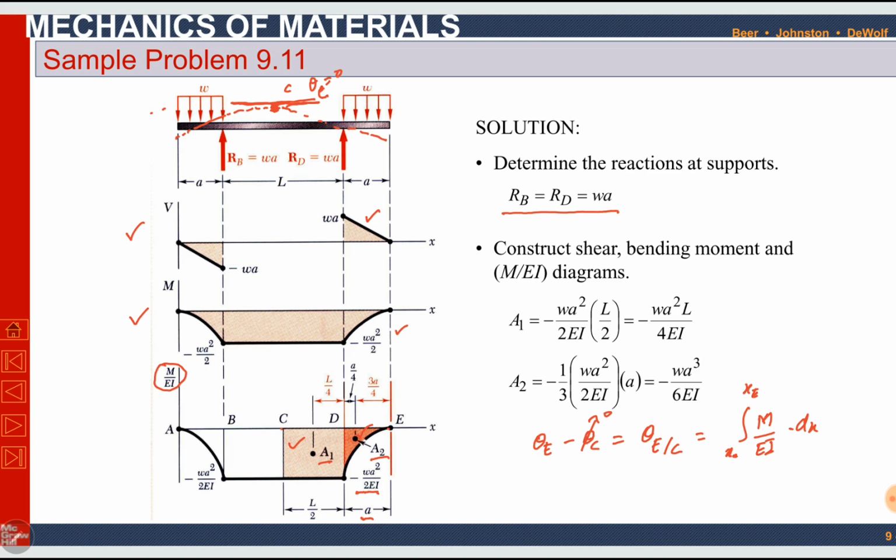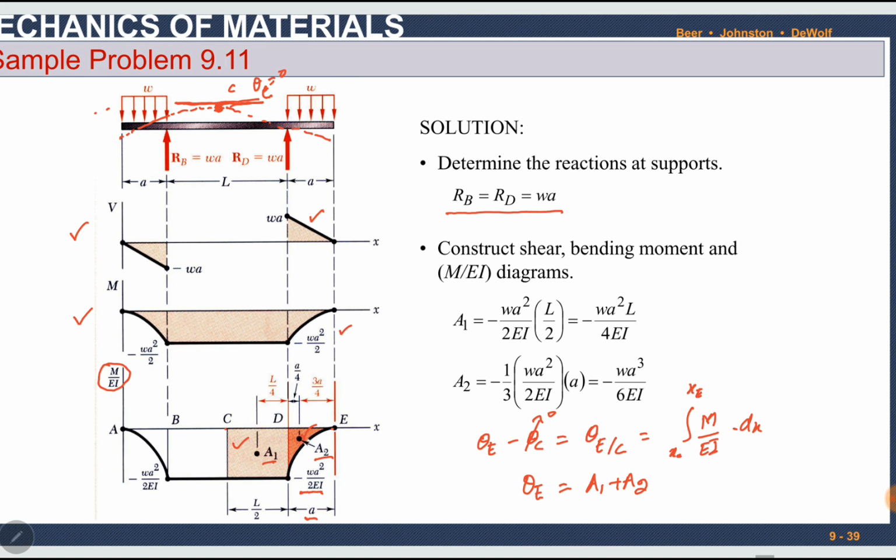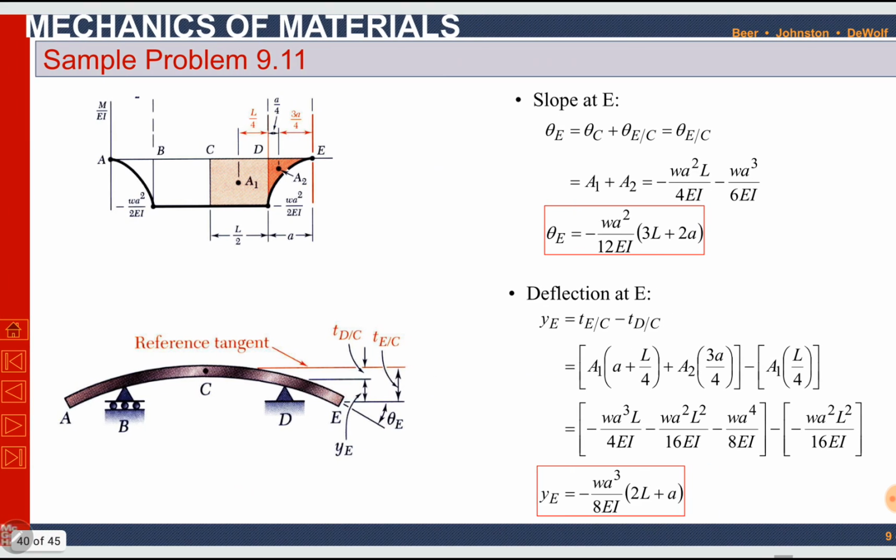So we will simply add A1 and A2, they are equal to theta E, because theta E is theta EC. So by adding A1 and A2, theta E becomes minus WA square divided by 12EI into 3 into 3L plus 2A. If we know the numerical values of W, A and L, similarly E and I, we can find numerical value as well. Now this is slope at E.